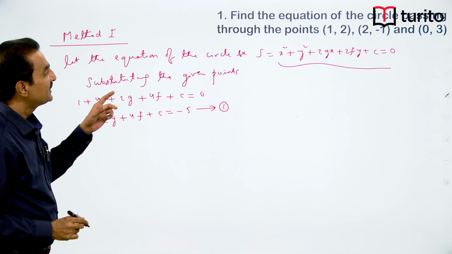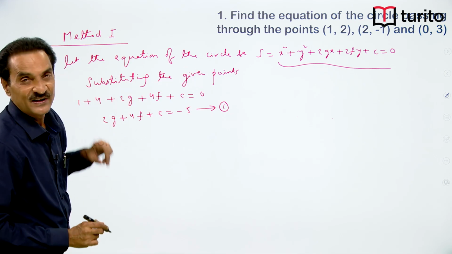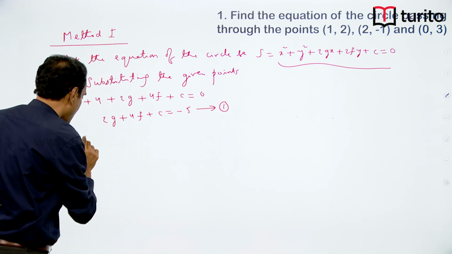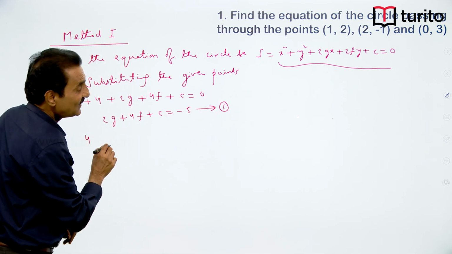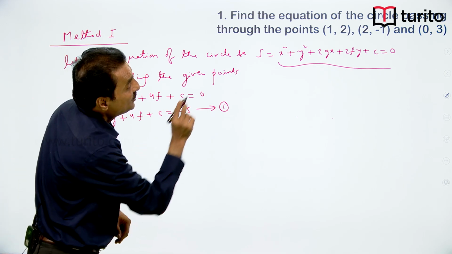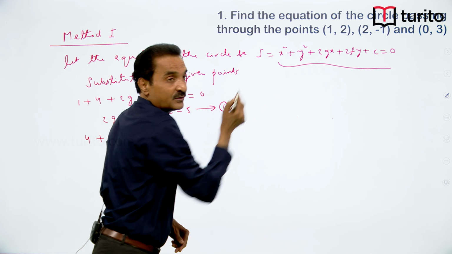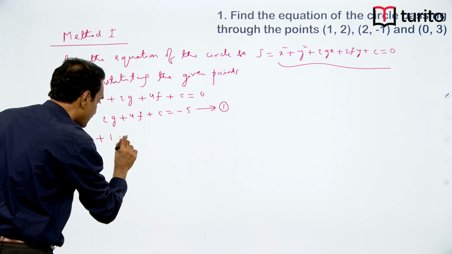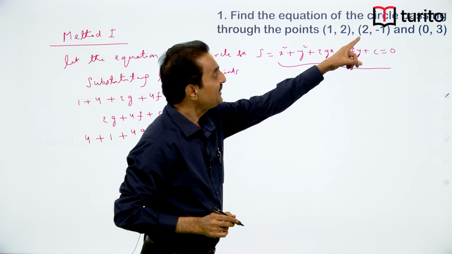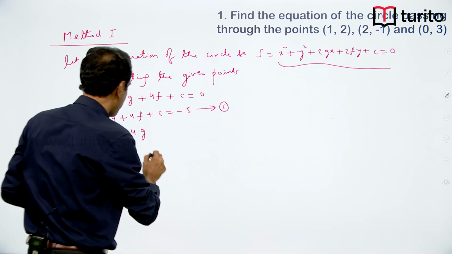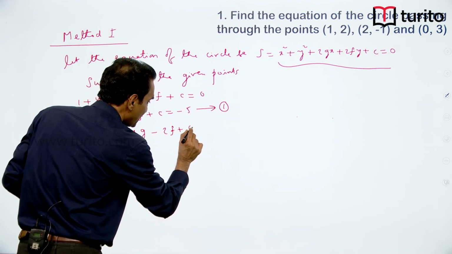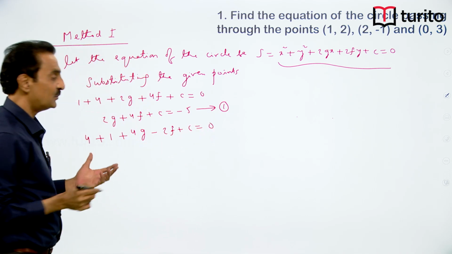Now, substitute the second point 2, -1 in this equation. 2 square 4 and -1 whole square 1 plus 2g into 2, that is 4g. Next 2f into -1, that is minus 2f plus c is equal to 0.